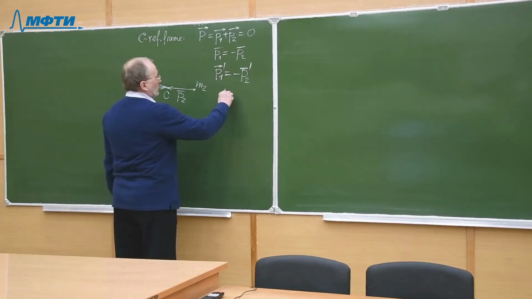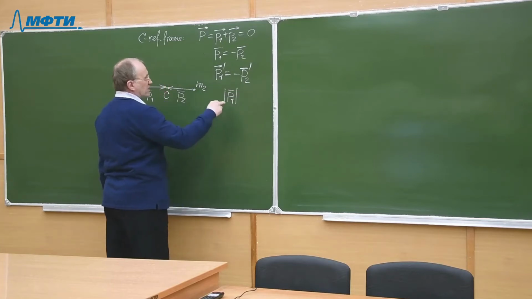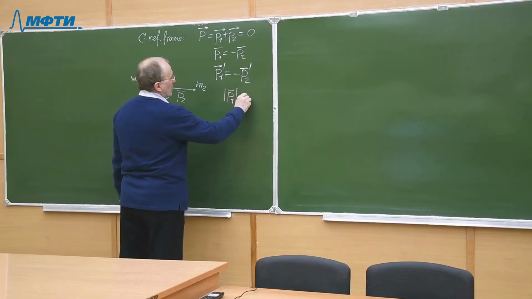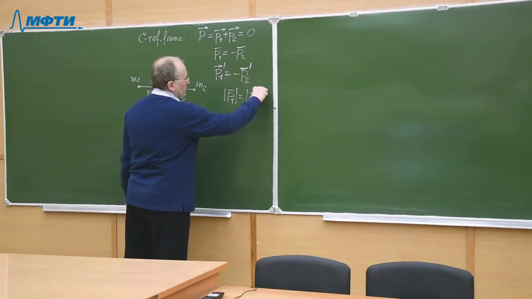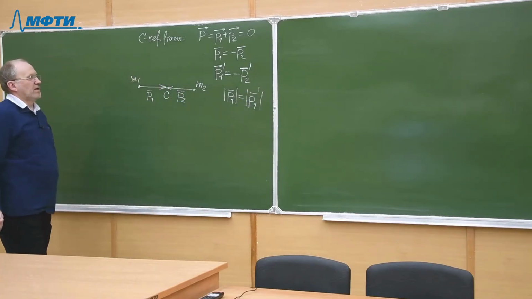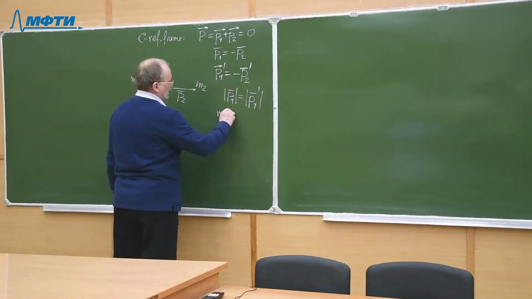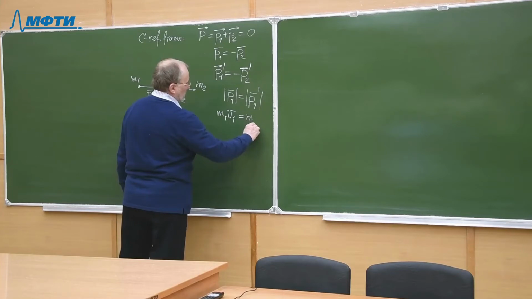So we can write that P1, the momentum of the first particle, the magnitude of this vector, equals the momentum of the first particle after the collision. Therefore, the momentum is mass times velocity, and the magnitude equals mass m1 times velocity v1 after the collision.